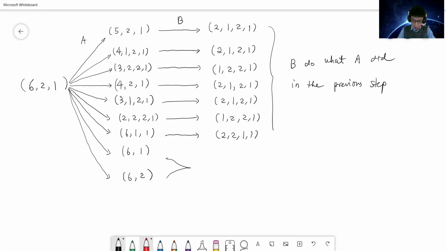You can go to 3-2-1. For 6-1, Beth just removes 1 brick from 6, and you get 3-2-1. For the second one, 6-2, Beth just removes 2 bricks, so it will be 3-1-2. So they are equivalent, okay?